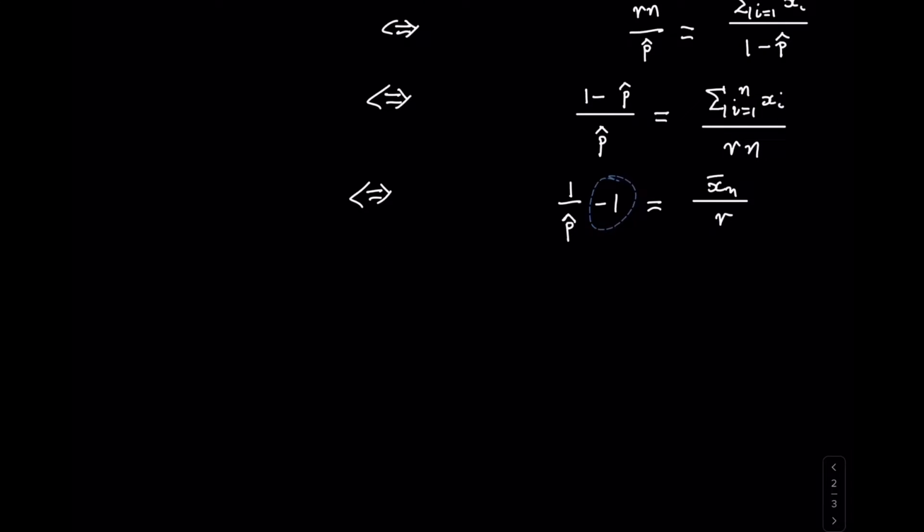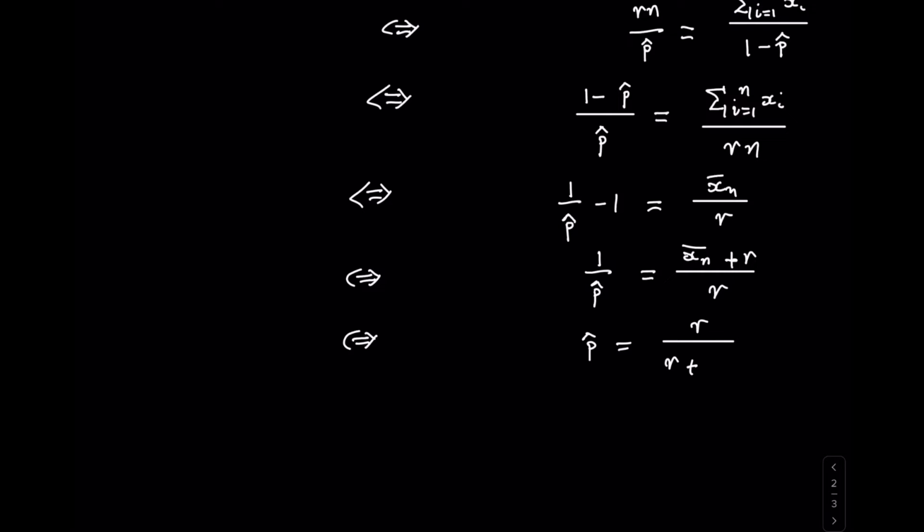Second last step, we can add 1 to both sides. So if we add 1 to both sides, we get 1 over p hat is equal to x n bar plus r all over r, which is quite nice. And finally, if we take the reciprocal of both sides, p hat is equal to r over r plus x n bar. And finally, we've come up with a solution, or a maximum likelihood estimate.